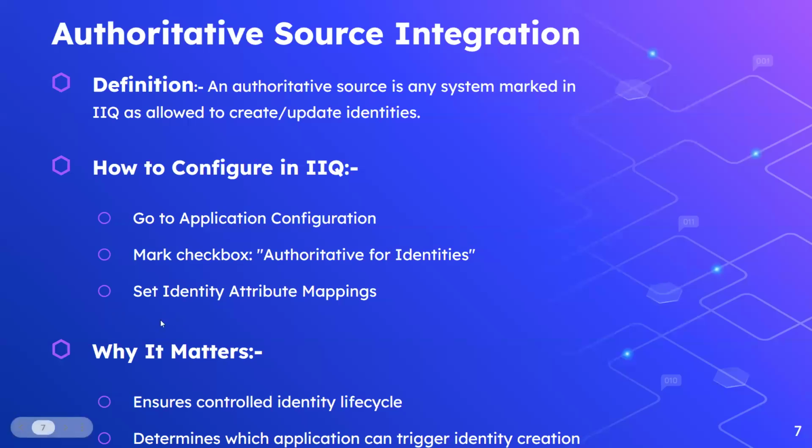And then you need to set the identity attribute mappings as well, the things we did in the schema configuration and then the schema part. Why it matters is basically it controls the identity lifecycle, like how the identity is being created, how it is being updated, all of the joiner-mover stuff. And it determines which application can trigger identity creation. For example, in our case, Workday is the application where identities can be created.